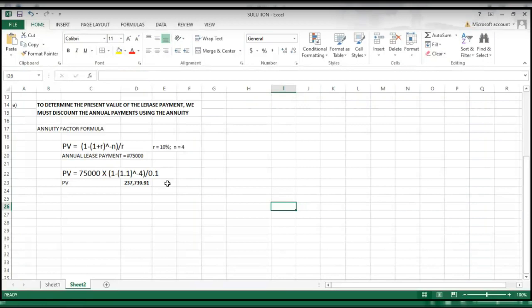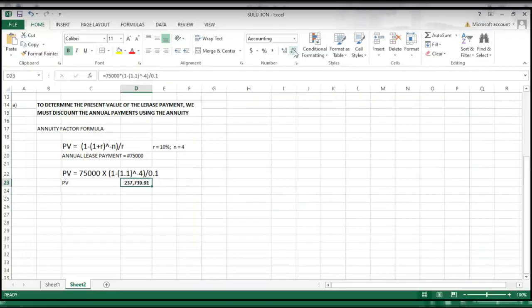Let's see if what you have is correct. I'm doing it at my end there. So 1 minus 1.1 raised to power minus 4, divided by 0.1, and this times 75,000. So we have 237,739.